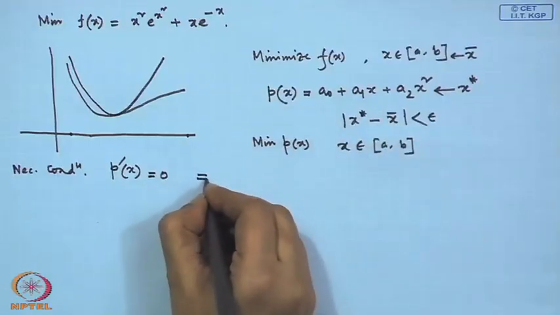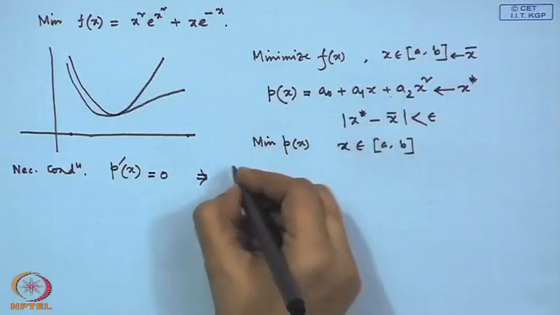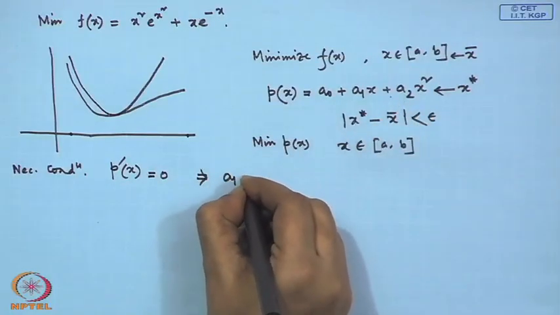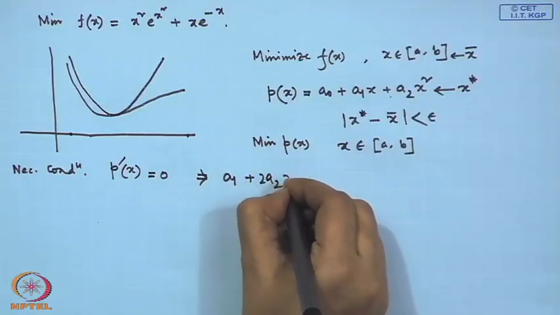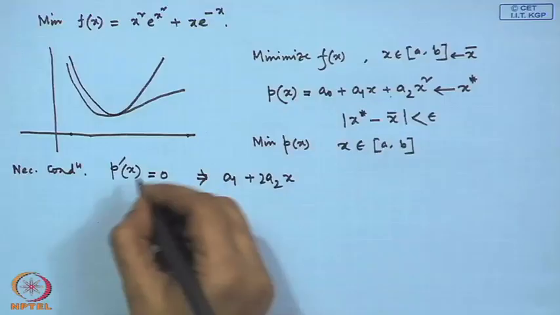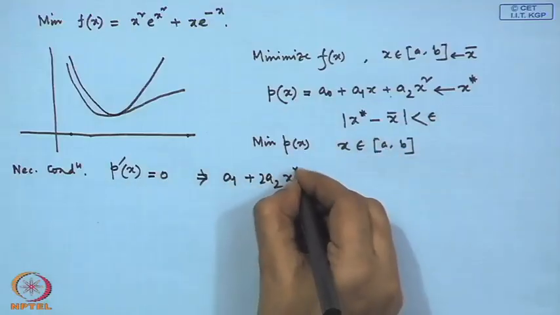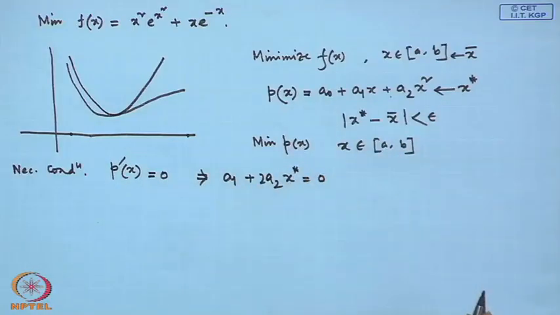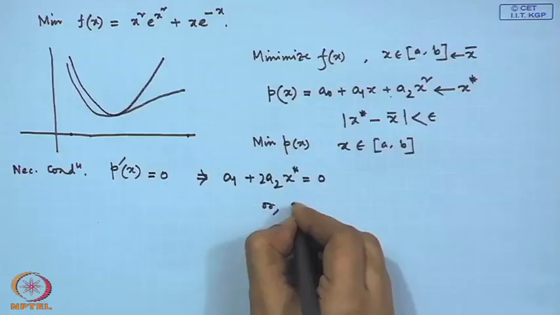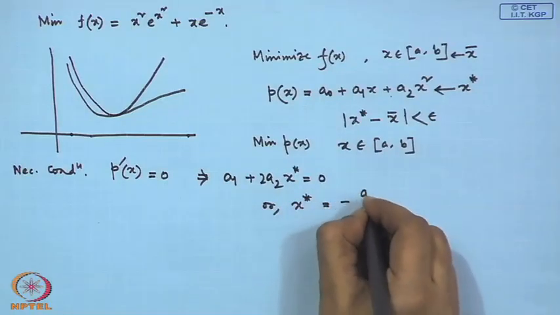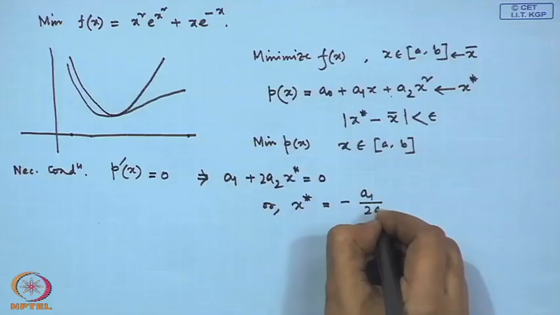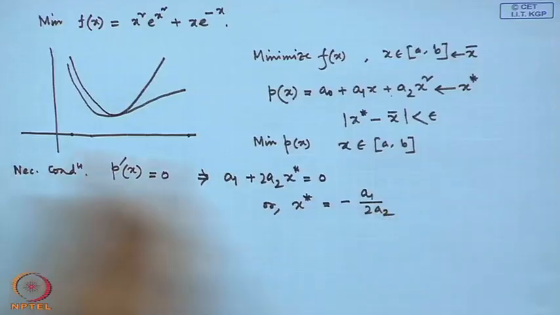From the given polynomial, this is equal to a 1 plus 2 a 2 x, and at the optimal point x star this must be equal to 0. Thus, we get the condition that x star must be equal to minus a 1 by 2 a 2. This is the necessary condition for us.